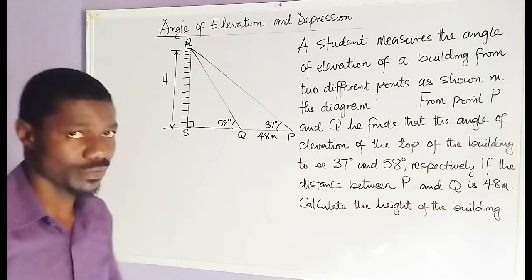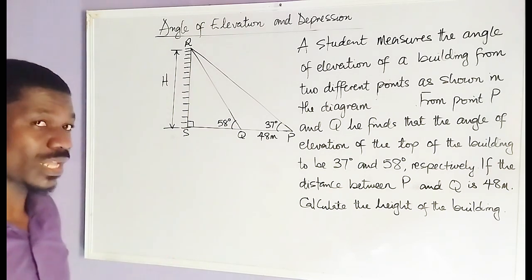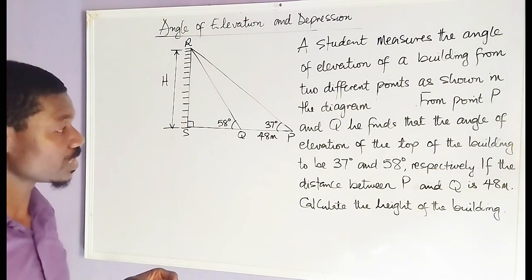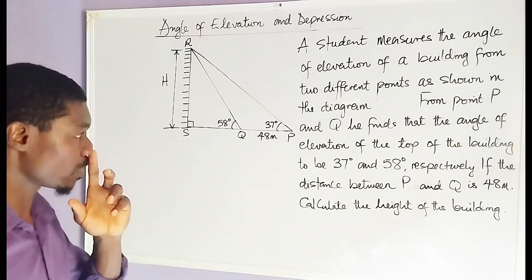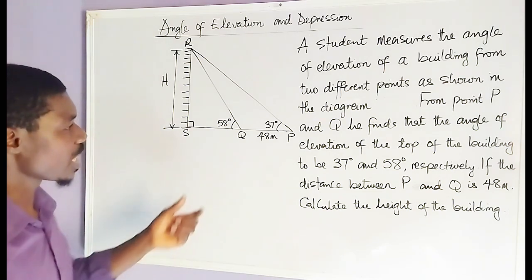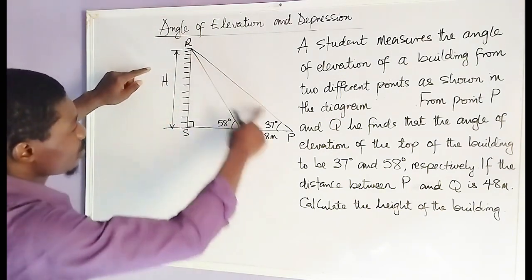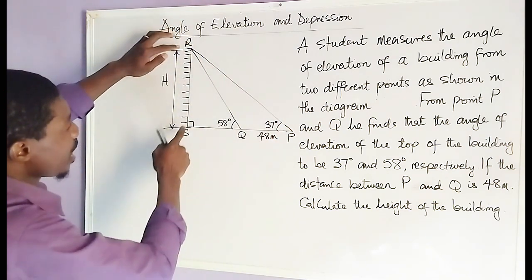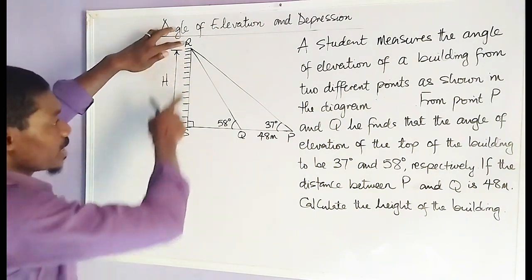Now we might have various means of solving this question. We can solve it either using trigonometry, the sine rule, or we can equate the triangles, because we have two triangles here. The first triangle and the second triangle have one thing in common, which is the common height.